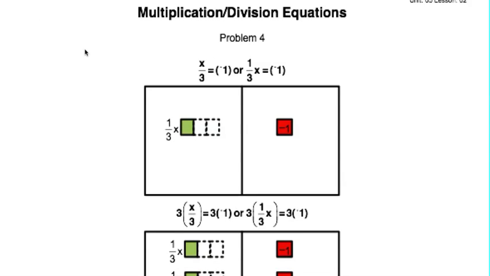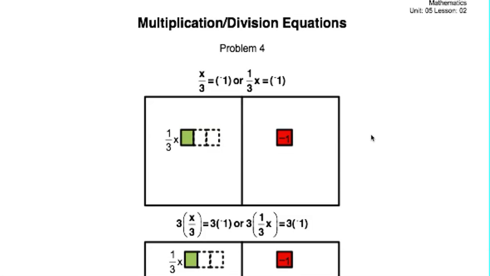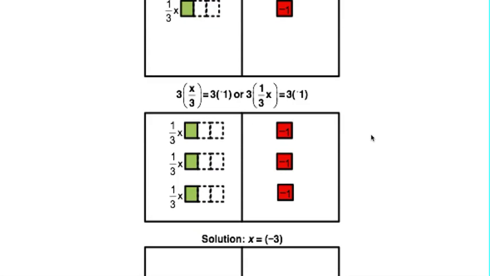Problem 4. Here we have 1/3 of an x is equal to negative 1. Well, we need 2 more. So if we get 3 groups of the 1/3, we'll have a full value. So here we're going to have to multiply both sides by 3. So we'll have 3 groups of 1/3 x and 3 groups of negative 1, as seen in our second picture.